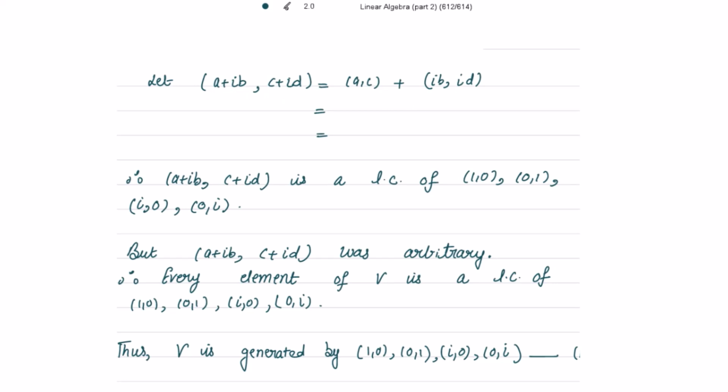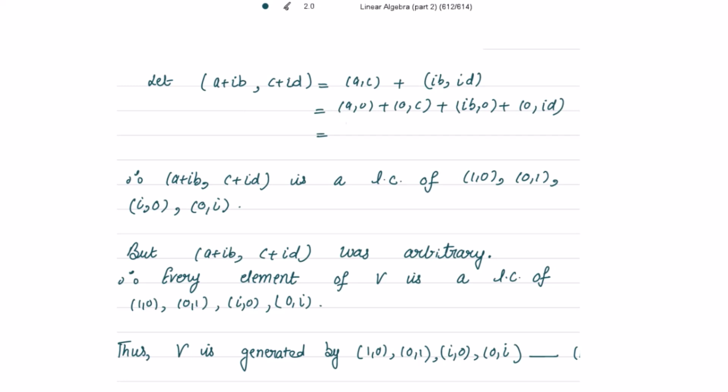Now again, can I write (a, c) as (a, 0) + (0, c)? If you add these two, you will get back your (a, c). Similarly, can I write (ib, id) as (ib, 0) + (0, id)? Yes, of course I can write.